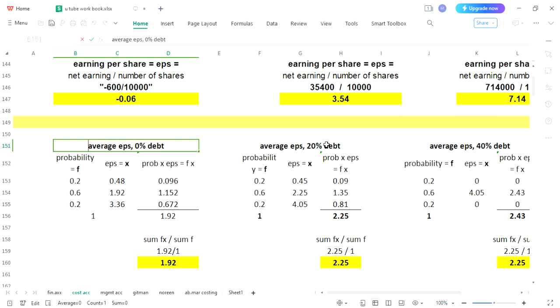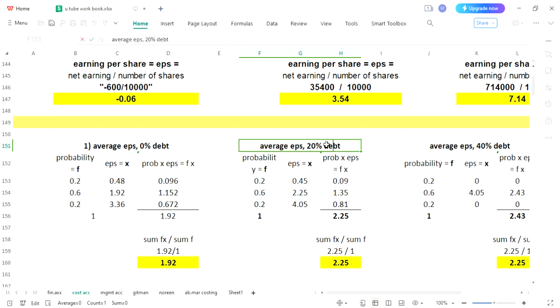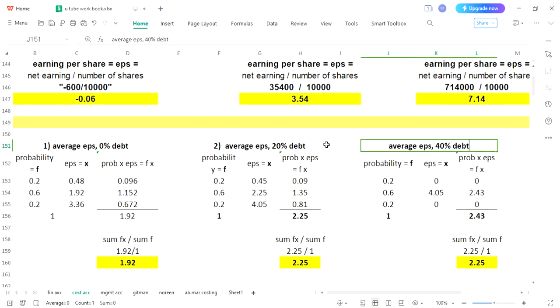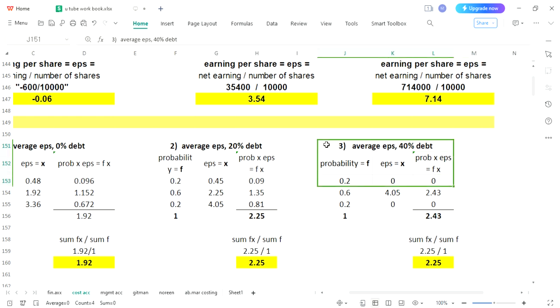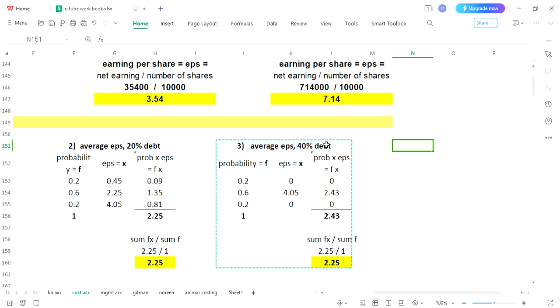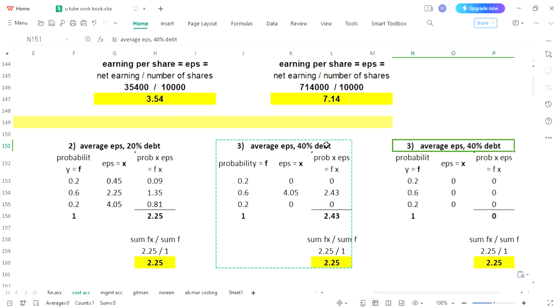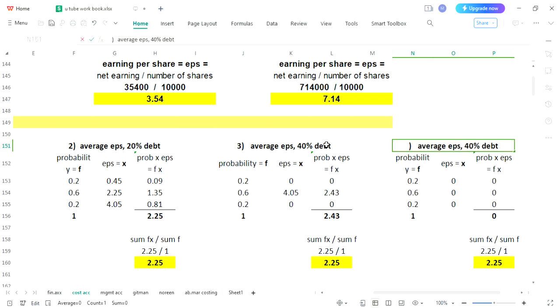Let's mention it, and this was for your second part, and the third part was also solved, and we will use these headings for calculation of average of the fourth part. So guys, let's change the headings. We are now solving the fourth part, where instead of 40% debt we would have 60% debt.